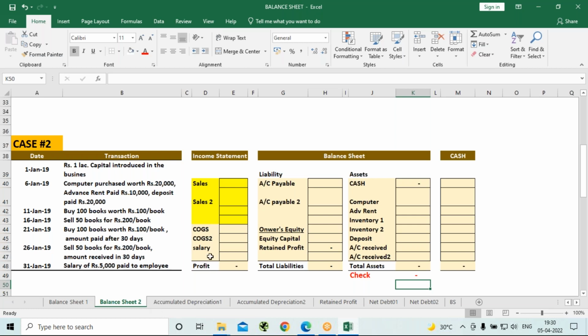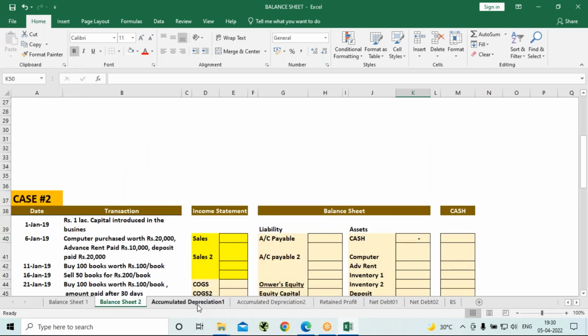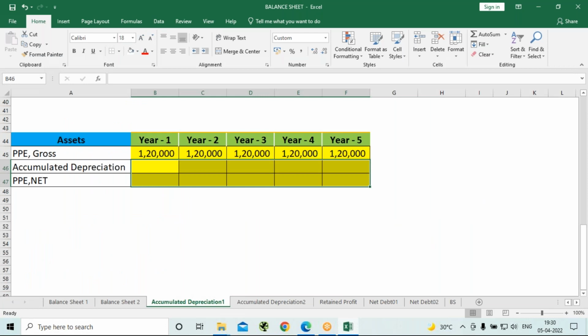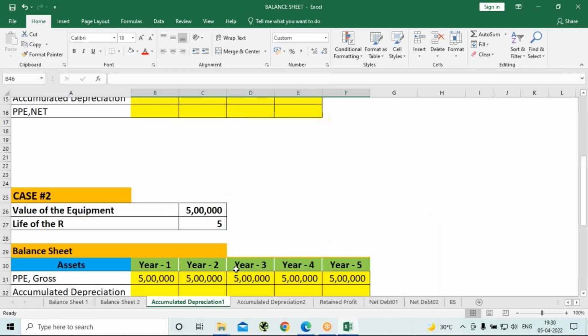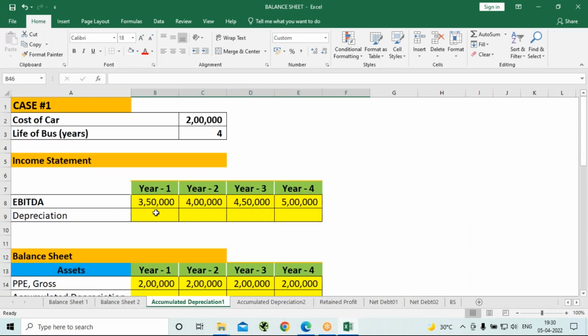Okay, fine. So let me go to the next important topic in the balance sheet calculation: the depreciation value. How will the depreciation be calculated?